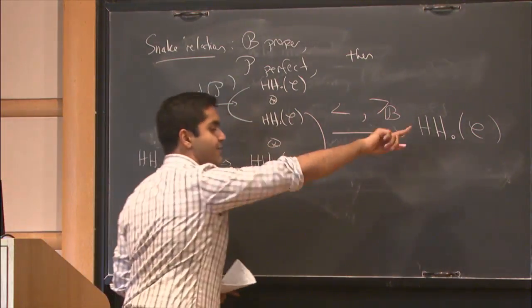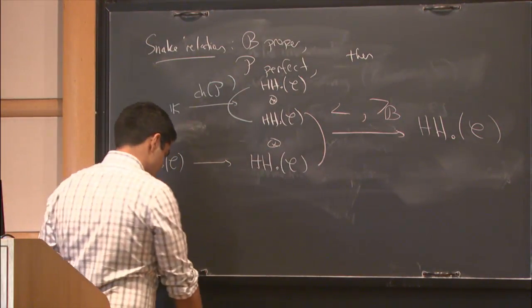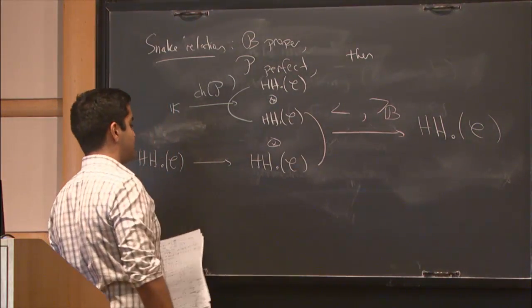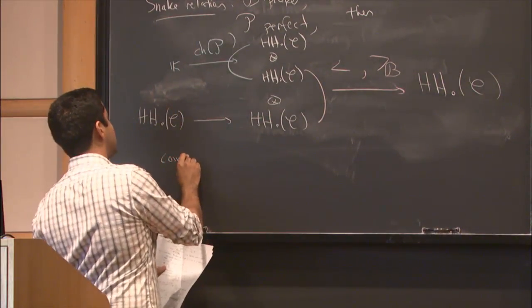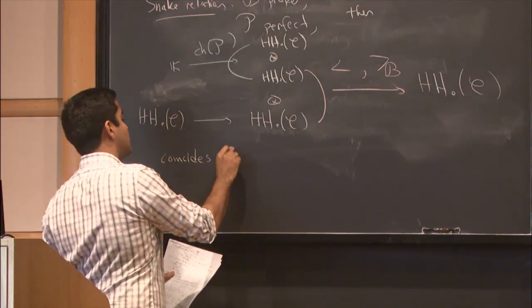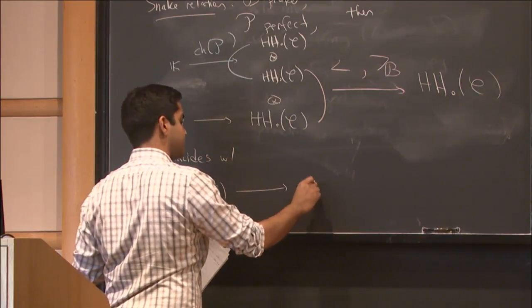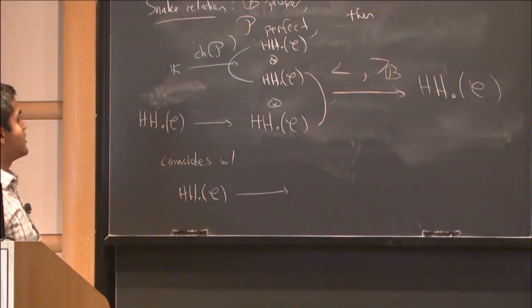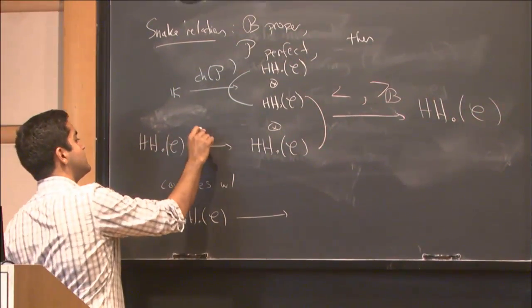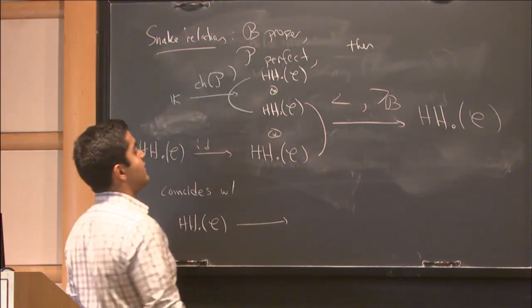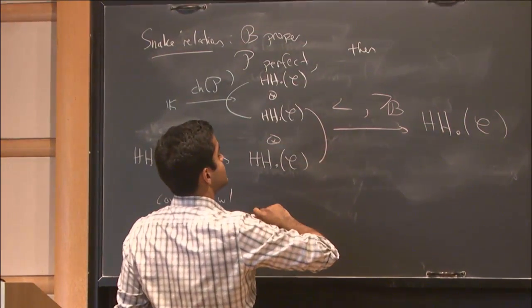Okay, so this gives you a map from Hochschild homology to Hochschild homology, and the snake relation says that this coincides with the following map. What's the map downstairs? What do you mean downstairs? This is the identity. Oh, okay. That's right. And now, what do I want to say?